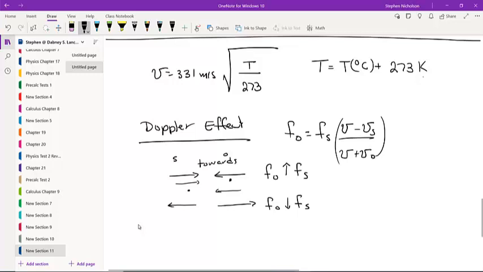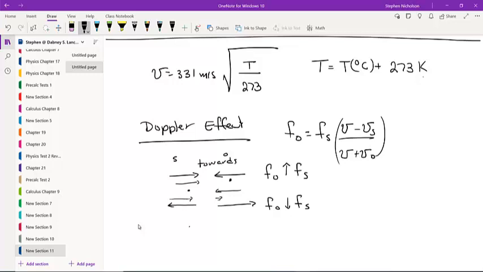And actually you could even have the case where here they're still moving relatively towards each other. So if this one's moving faster than that one, they're still relatively moving towards each other. So that's also another scenario, moving apart.